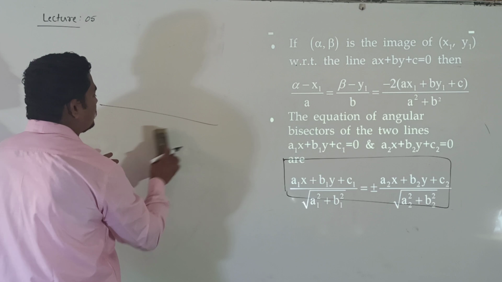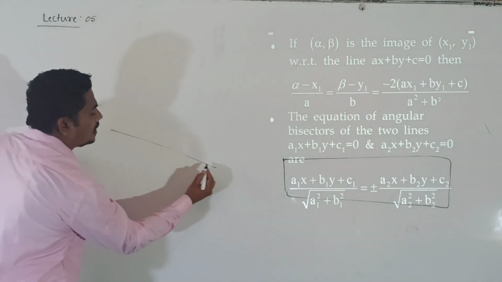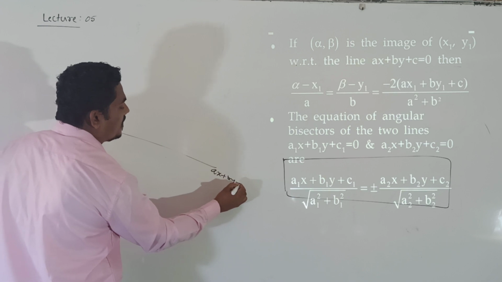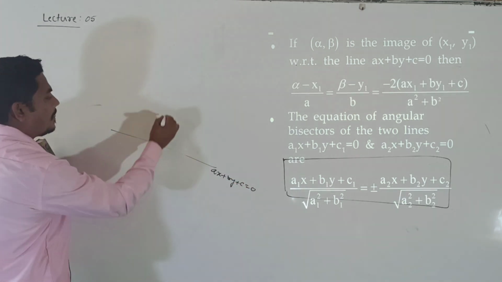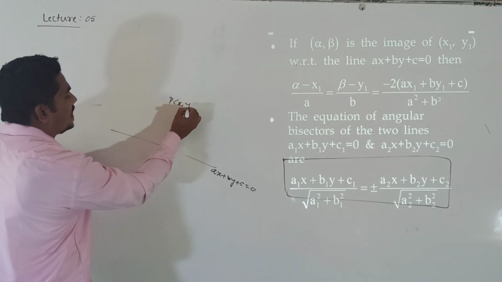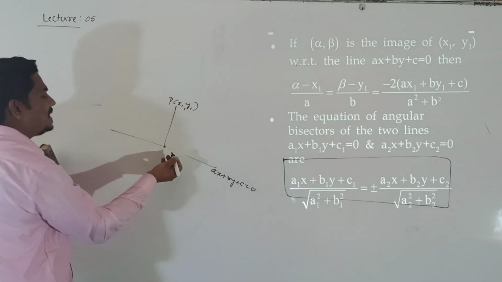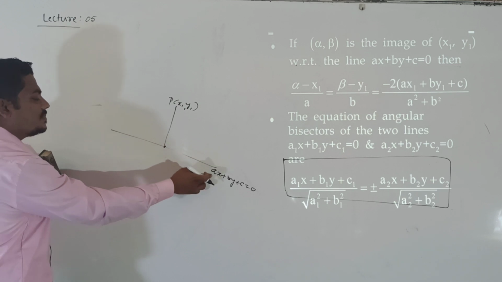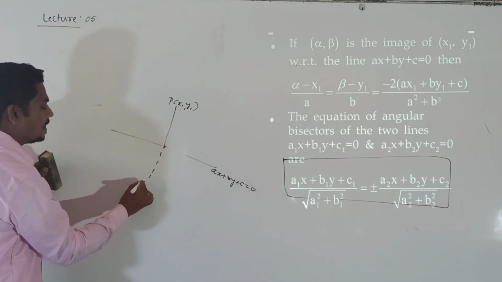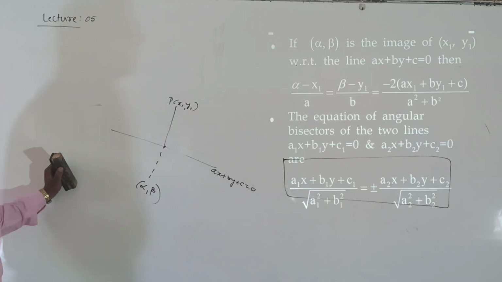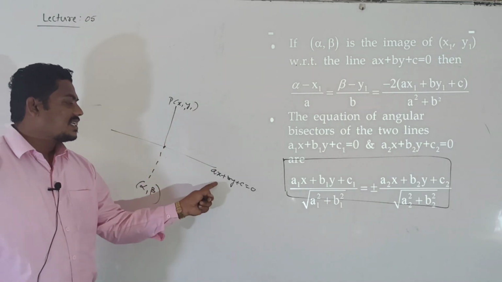Suppose this is the line. Suppose the line ax plus by plus c equal to 0 is given, and one point P of x1, y1. Suppose alpha, beta is the image of this point, the image of x1, y1 with respect to this line.